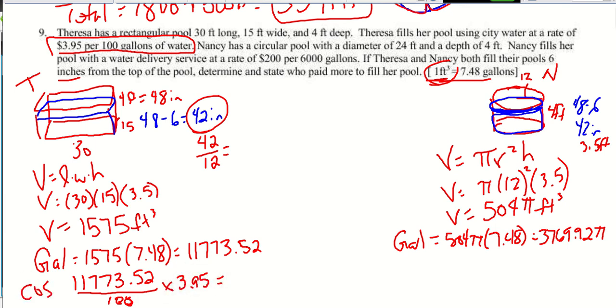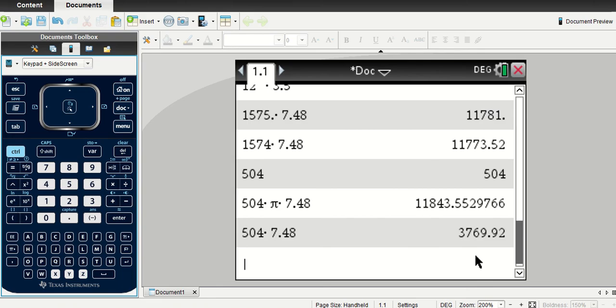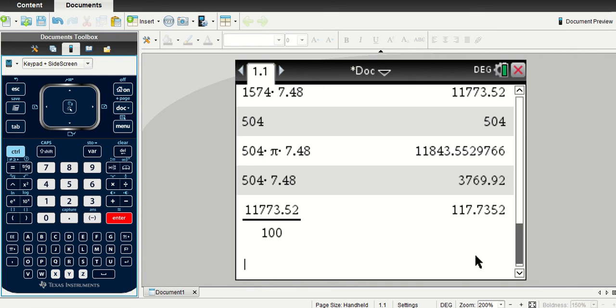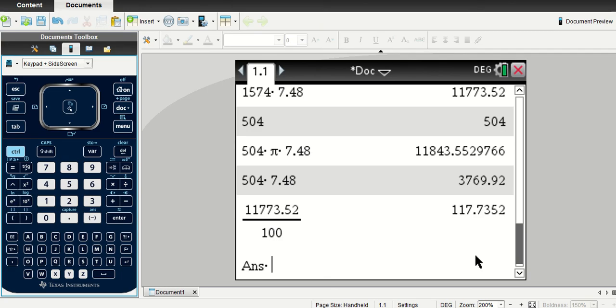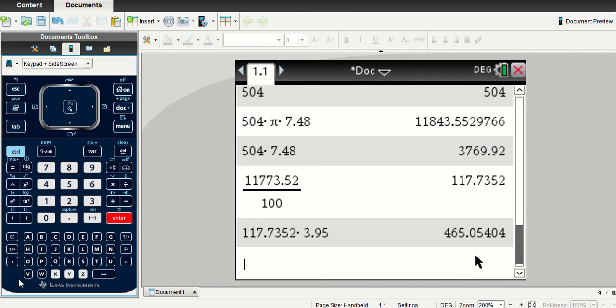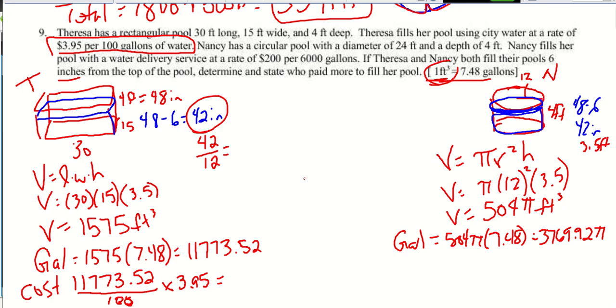So divide by 100, and then multiply times 3.95. And I get $465.05.